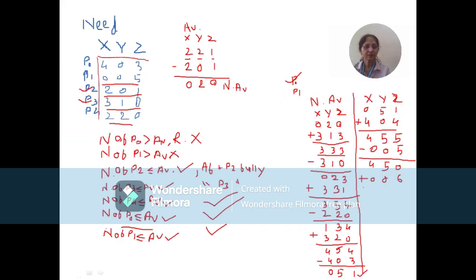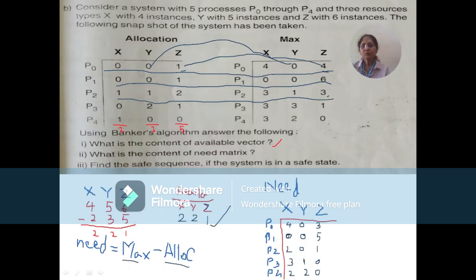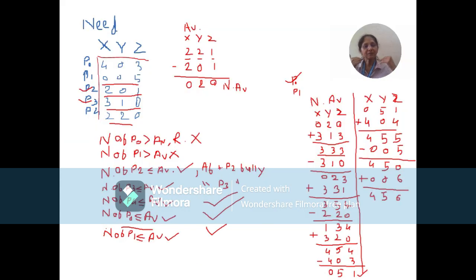So we get 4 instances of X, 5 instances of Y and 6 instances of Z. At the beginning we had 4 instances of X, 5 instances of Y and 6 instances of Z. That means we have got back all the resources which were allocated to different processes.